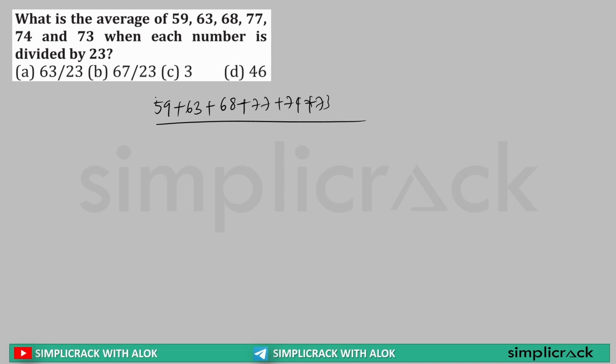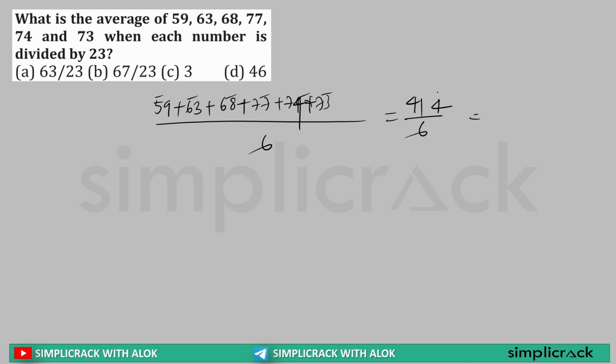How many numbers are there? 1, 2, 3, 4, 5, 6. Now the sum, divided by 6. Yes or no? Yes, sir. Now this can be solved.